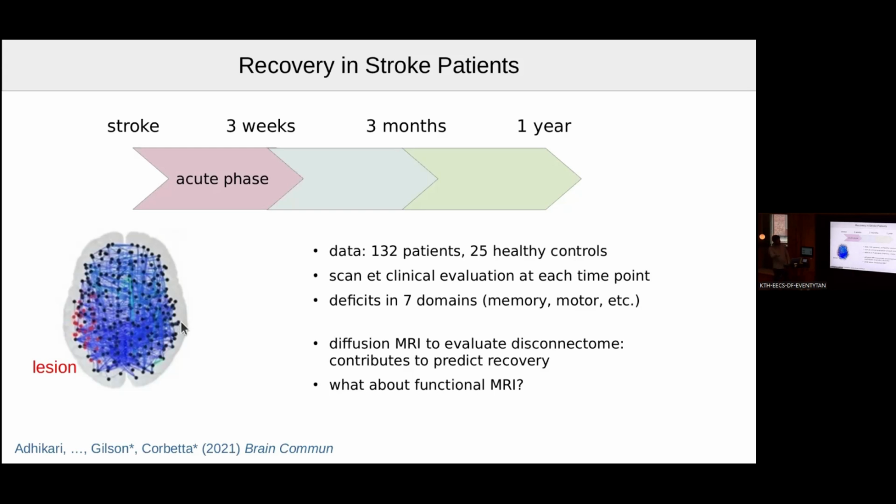So trying to predict how many cognitive deficits they will have at 1 year.